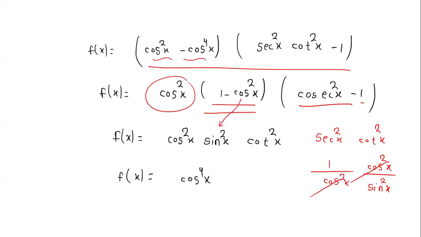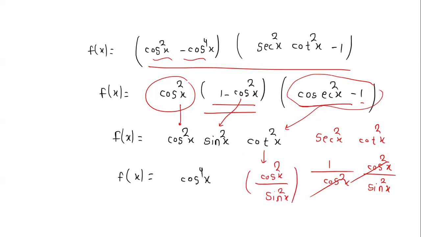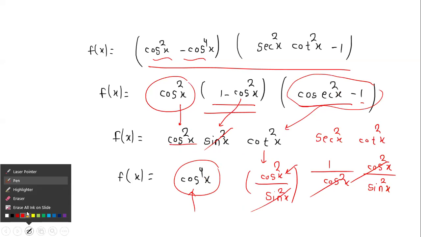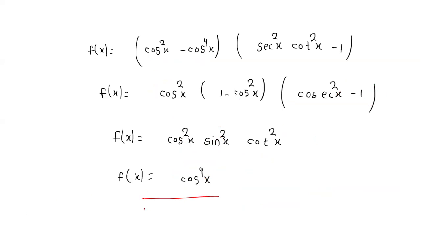This becomes sin of x whole square, and this whole thing becomes cot of x whole square. Again this cot of x you can write as cos of x whole square divided by sin of x whole square. So this sin and this sin will cancel, and we have this combination which is cos of x power 4. So this is the value of f of x.